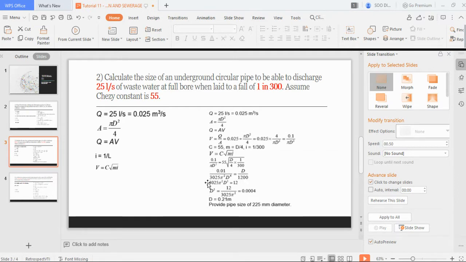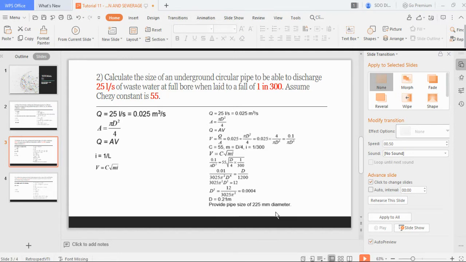Solving for D, you'll find that your D is 0.21. You should provide a proper size. In this question, it didn't state, so it's just asking you to calculate the size of an underground pipe. So if you provide D equals to 0.21 m, then it will be good enough for this question.